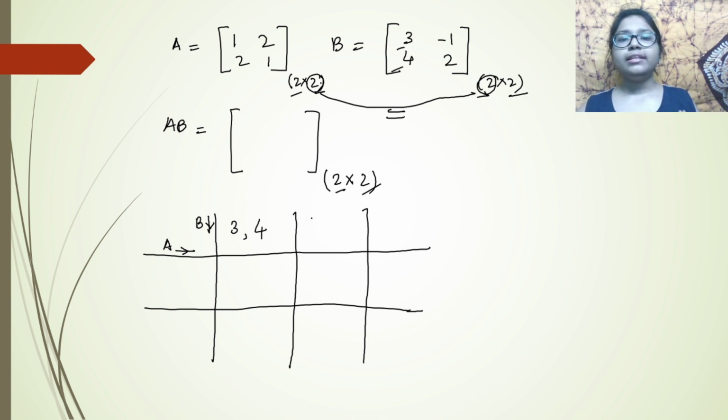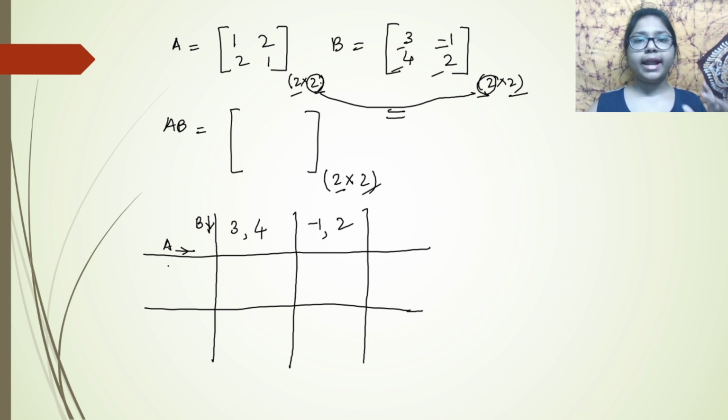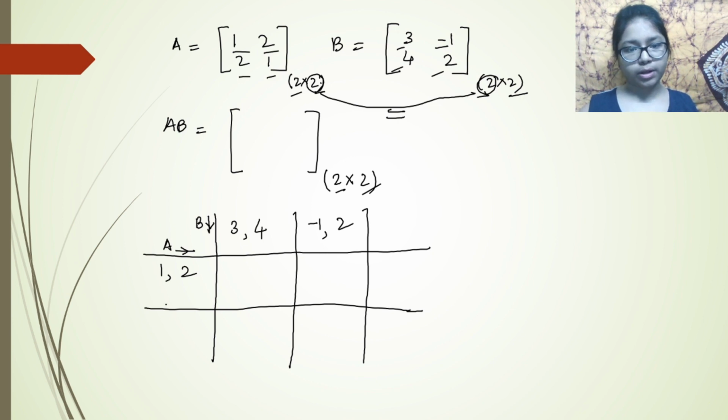Here write the column elements of the second column of B, which are minus 1, comma 2. Here write the row elements of the first row of matrix A, which are 1, comma 2. And here write the row elements of the second row of matrix A, which are 2, comma 1.